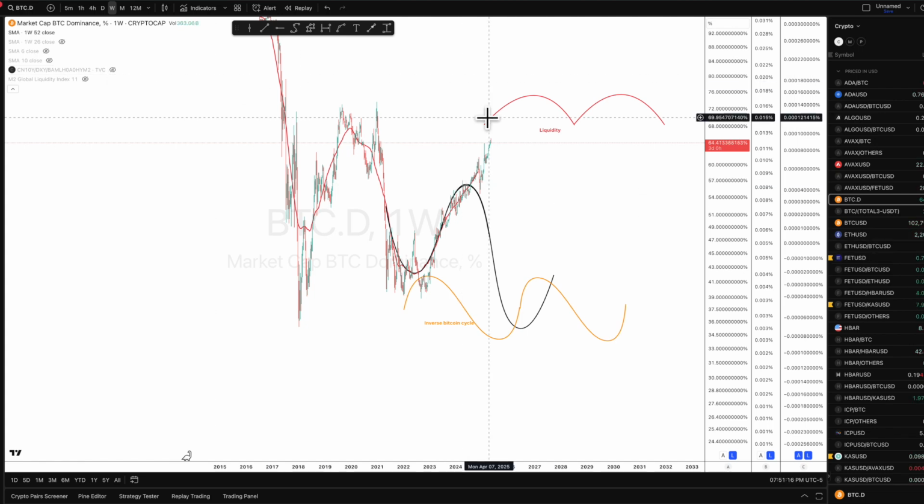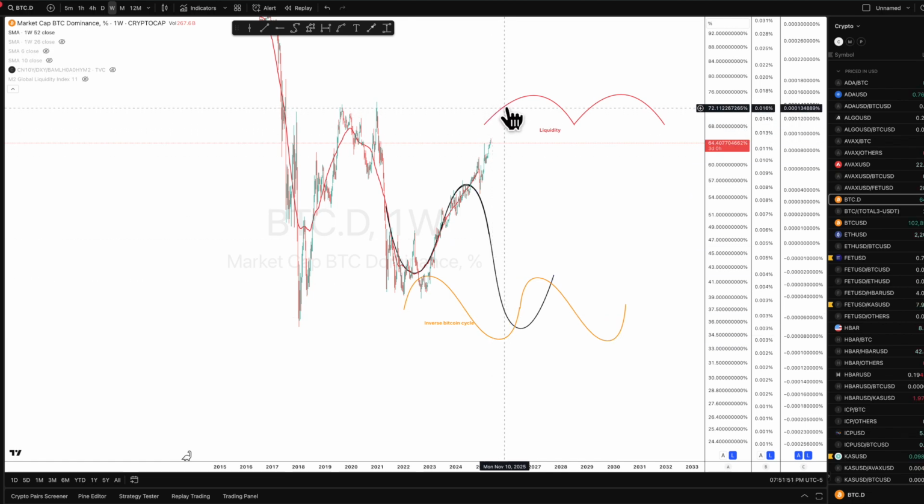But if liquidity is now expanding and the Bitcoin dominance curve should be dropping, this is setting up for a very potentially significant move in altcoins. And so notice here we have a Bitcoin peak right around Q1 of 2026.